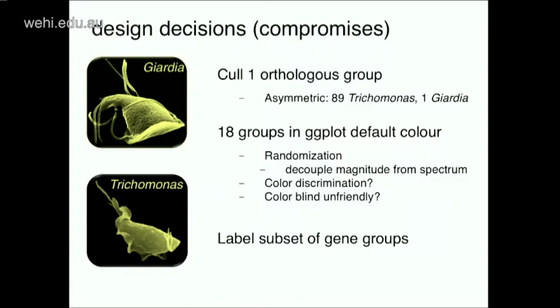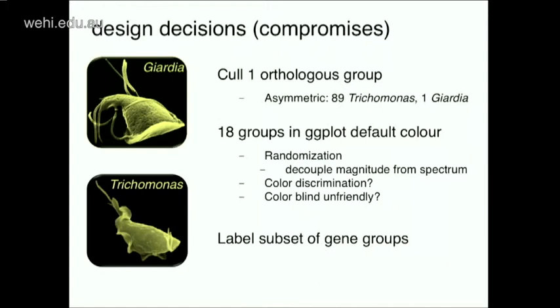I ended up using the ggplot defaults because the colourblind friendly, or unfriendly as the case may be, palette was just too ugly for me. And I tried to compensate for the similarity of the colours by randomising them so we could differentiate the magnitude from the spectrum. But then you end up with a compromise where maybe the colours still aren't easy enough to discriminate, even though it's an aesthetically pleasing colour scheme.